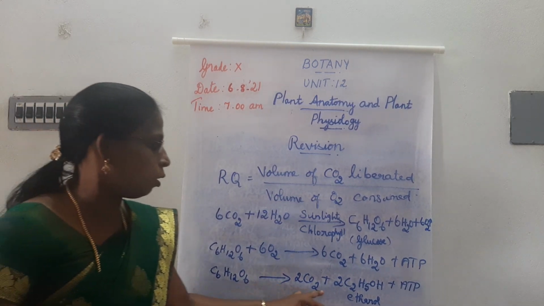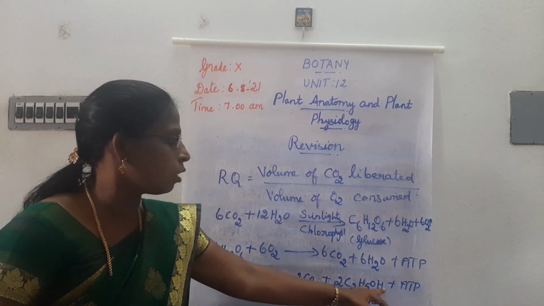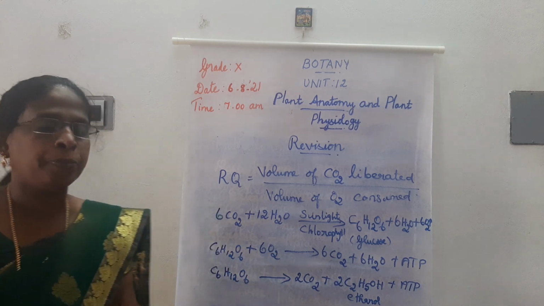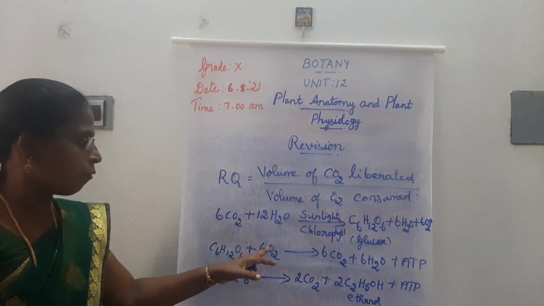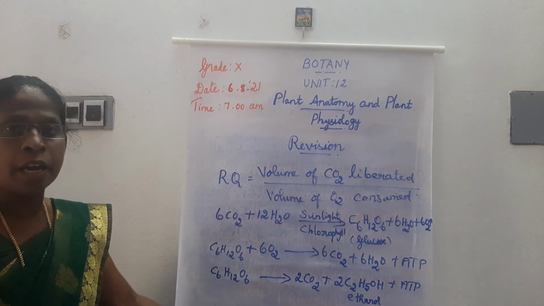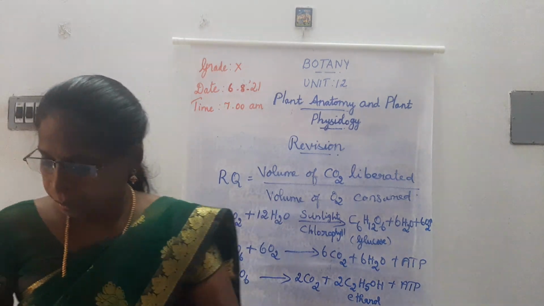C6H12O6 gives 2CO2 plus 2C2H5OH and ATP. Okay, this is the chemical reaction for aerobic respiration and anaerobic respiration.